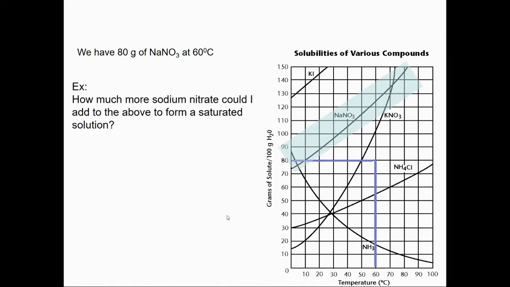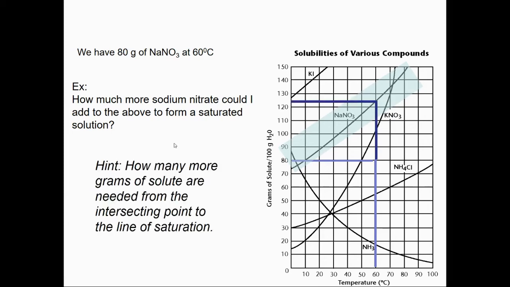Okay, so the problem says, how much sodium nitrate could I add to the above to form a saturated solution? So we're here, we have 80 grams. We want to go to this point, the saturation point, at 124-ish, 124 grams.